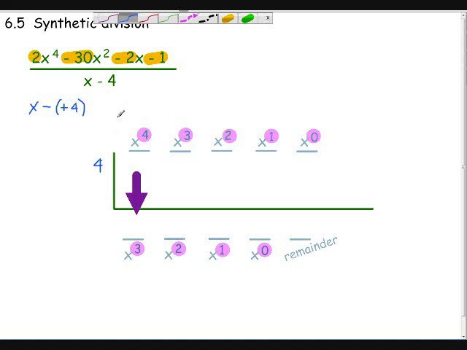Now there is a new wrinkle here because I've got 4, 2, 1, 0, skipping the power of 3. I'm going to put a placeholder in here for the power of 3. I know I don't have it, but I'm going to put something in. You can imagine what I'm going to put in, can't you? I know that my leading coefficient has to be a plus 2.